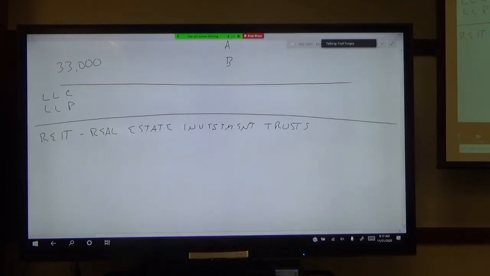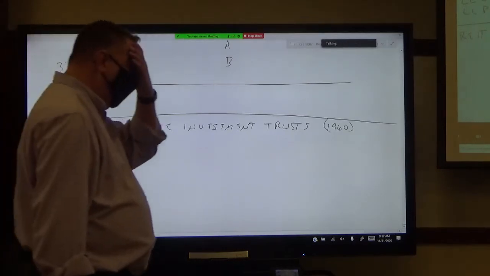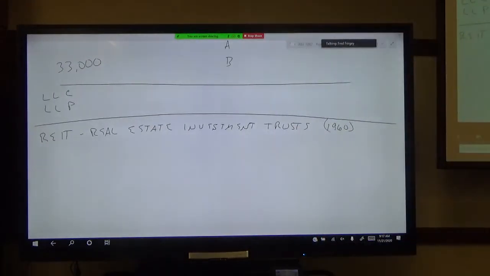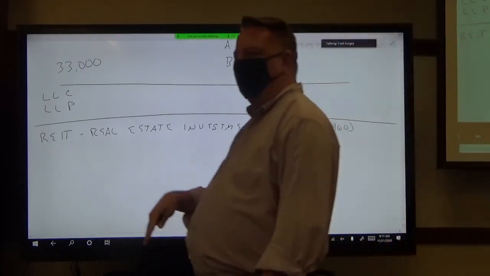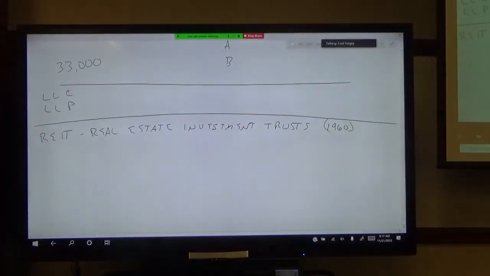Real estate investment trusts are not a new thing, okay? These were created back around 1960, just to put things into context here. And they were created pretty much for the sole purpose of owning, operating, and managing real estate.